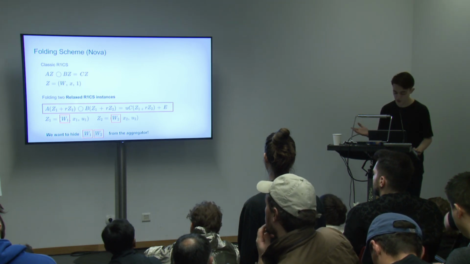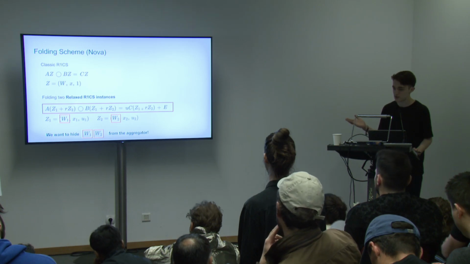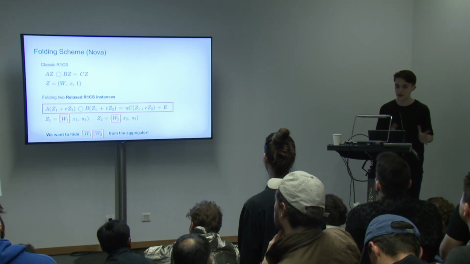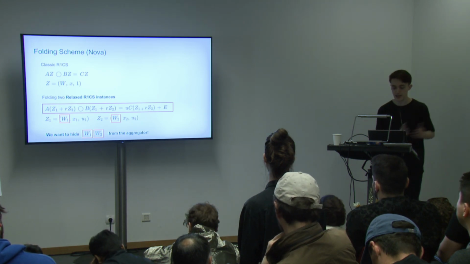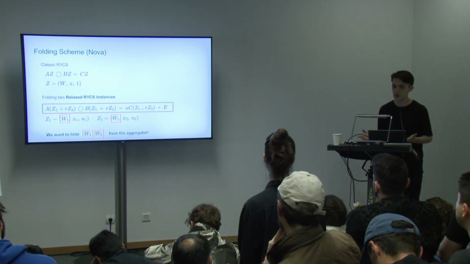But in our context, we want to hide W1 and W2 from the aggregator, because the aggregator is the powerful prover that sits in the middle of the user and the chain. So we cannot directly use a Nova-like folding scheme for client-side ZK.